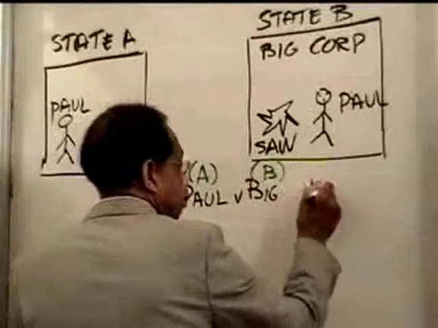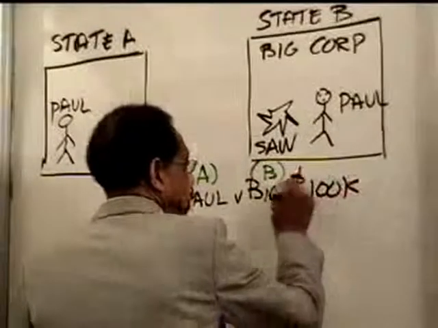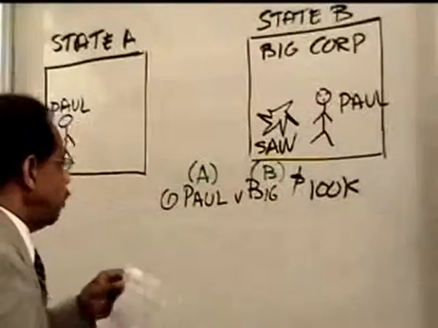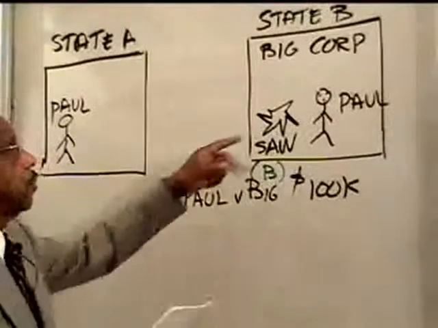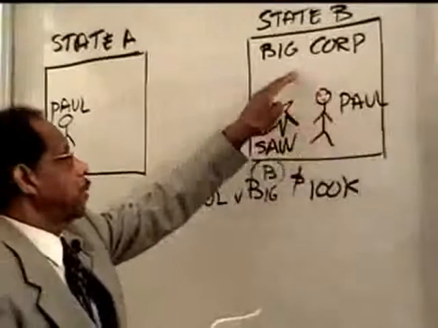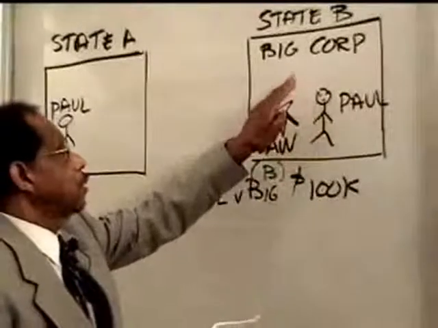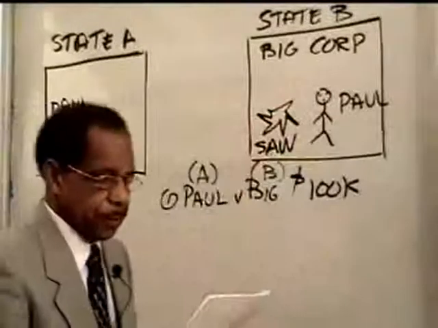So it looks like the court has subject matter jurisdiction in this first lawsuit, Paul versus Big Corp in federal court in State B based on diversity.